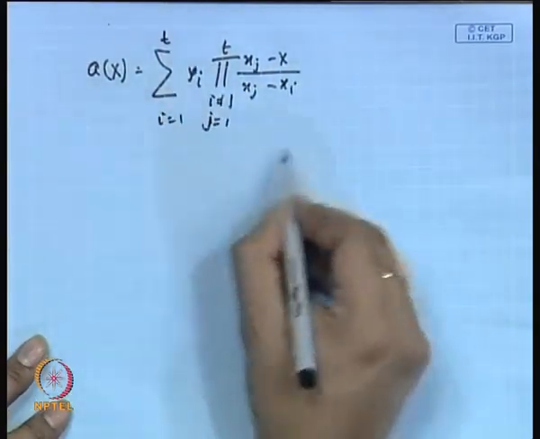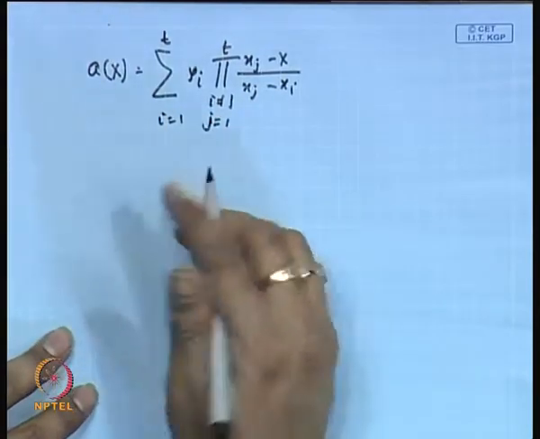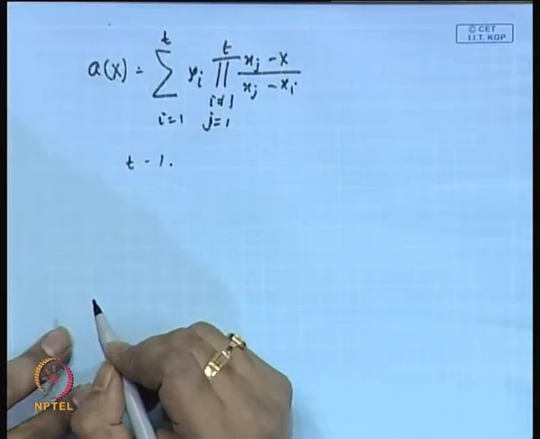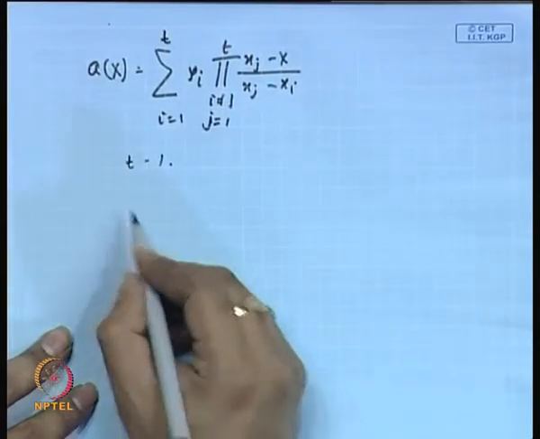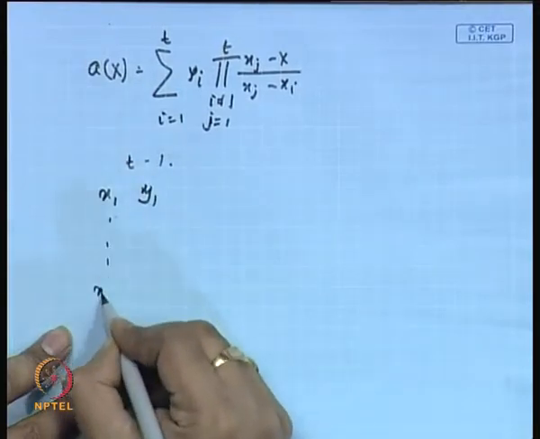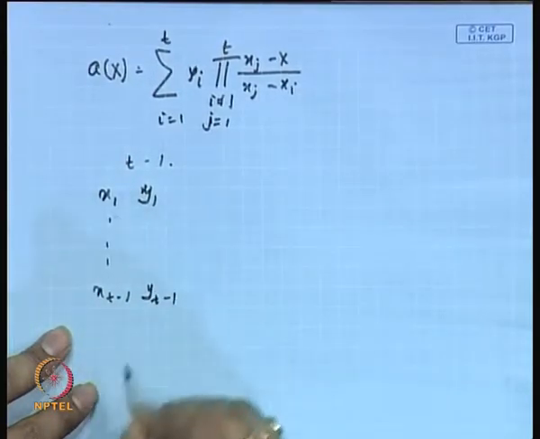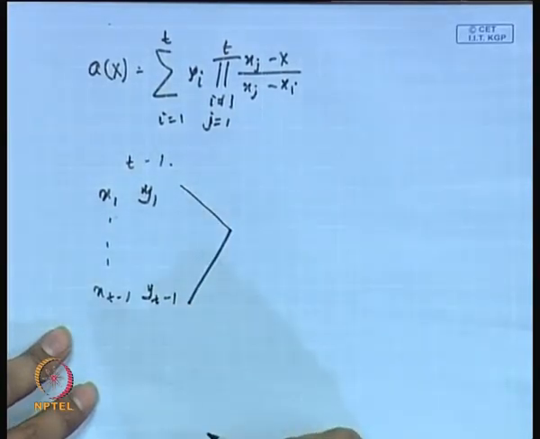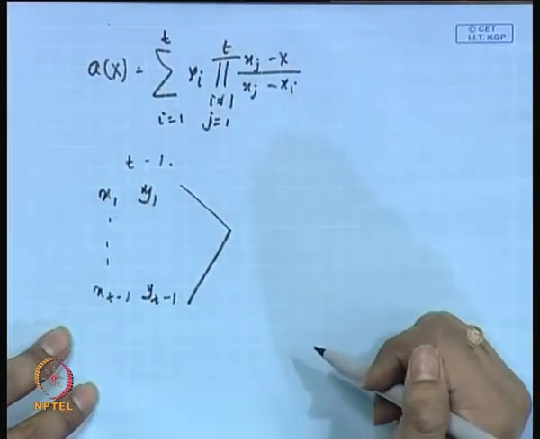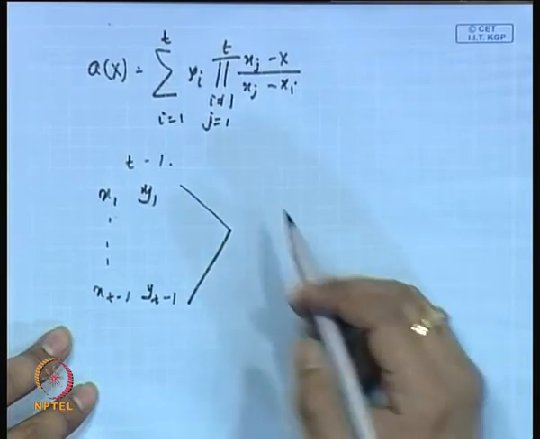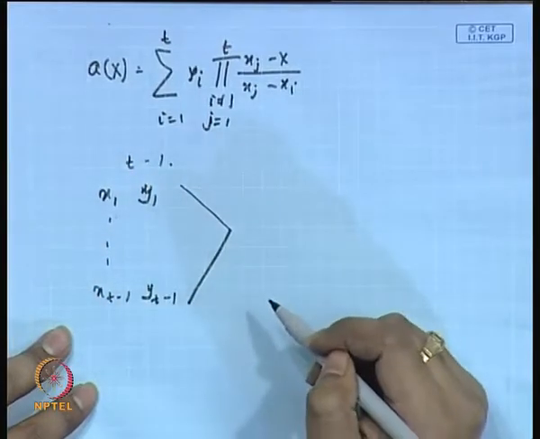But suppose the number of colluding parties is actually t minus 1, even 1 less than that. So, the corresponding shares will be x1 y1 and so on till xt minus 1 and yt minus 1, right. They will apply Lagrange's interpolation formula on this, but note that they also know that the degree is t minus 1. So, how many such polynomials will exist?